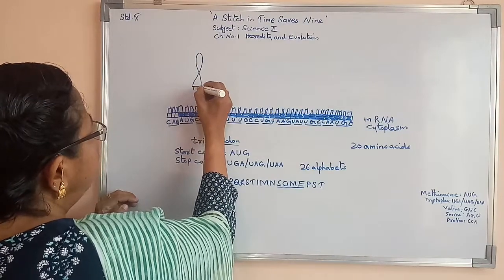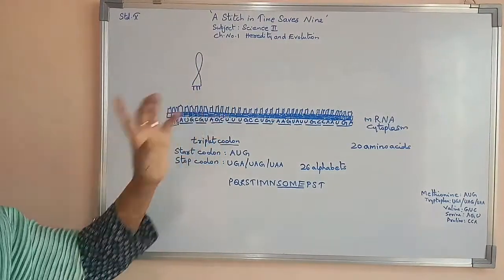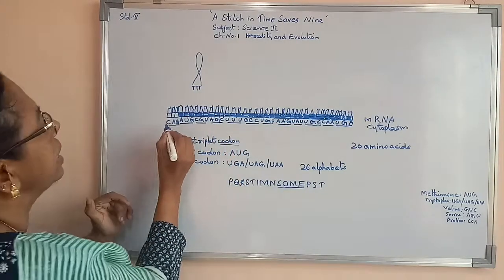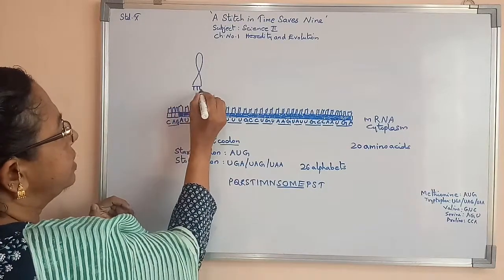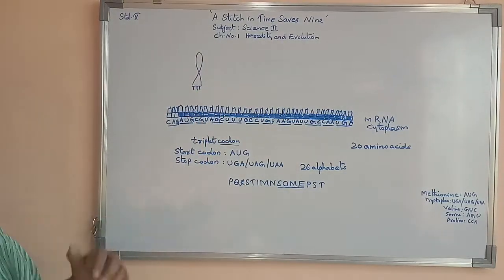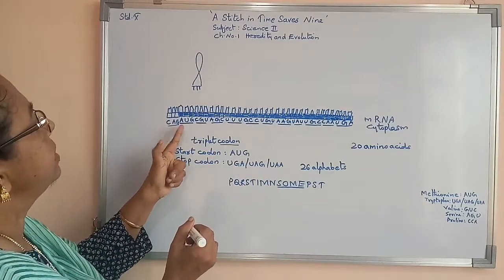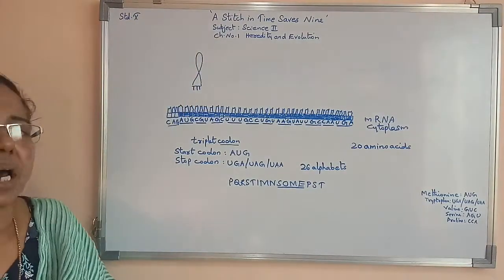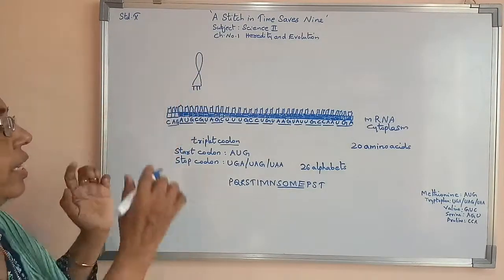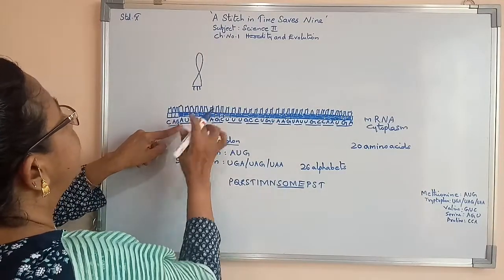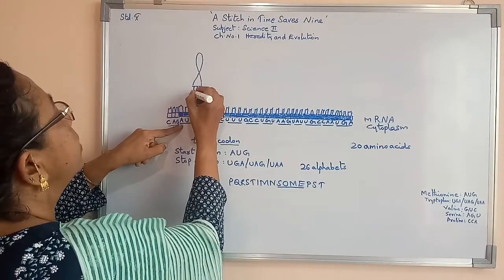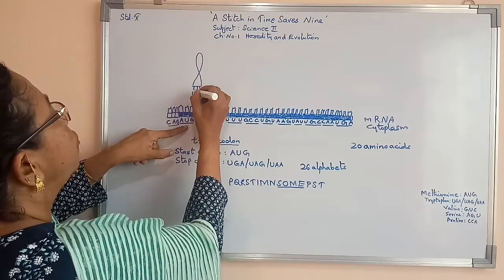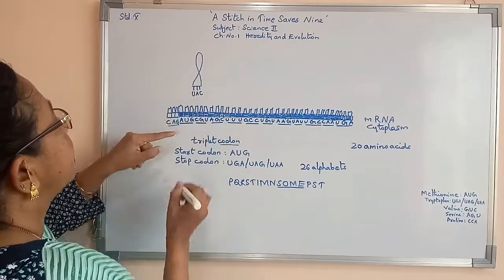There it will have three anticodon letters. Here the codon is a triplet codon, three letters, and here three letters will be the anticodon. So this is a transfer RNA. Suppose AUG is there: for A, U will be there; for U, A will be there; for G, C will be there.